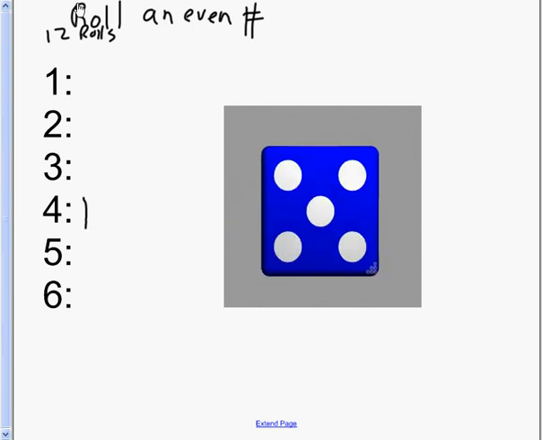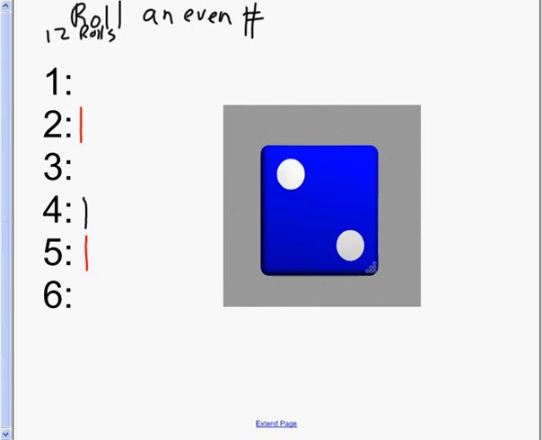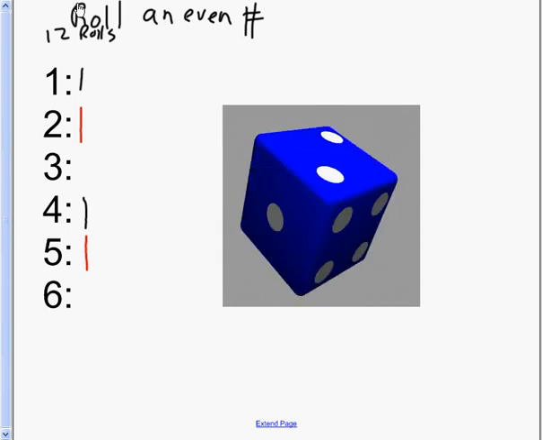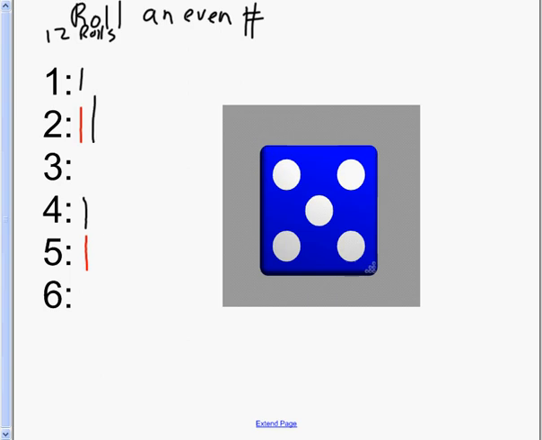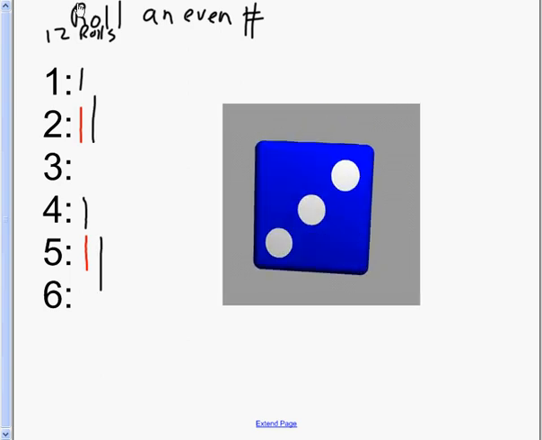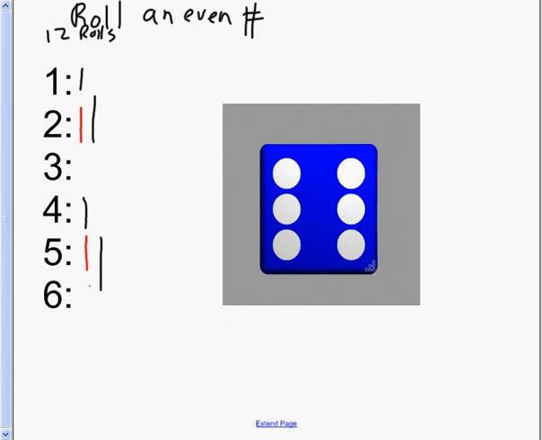Then we've got a 5 and a 2. Then we've got a 1. Then we've got a 2 and a 5. A 6 and a 6. So we've gotten 8 rolls so far.